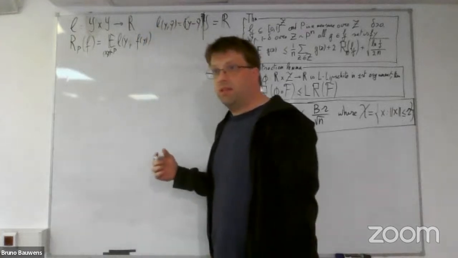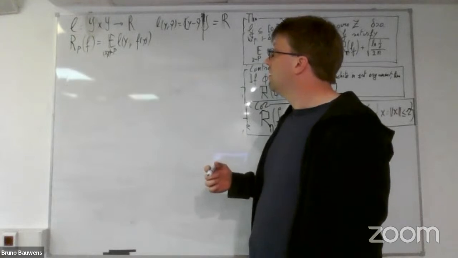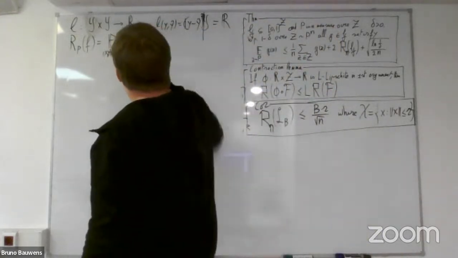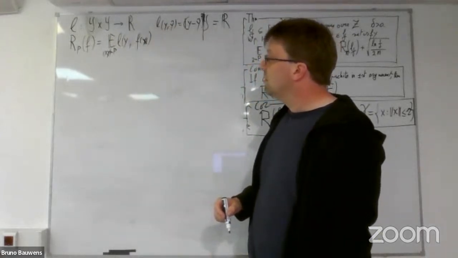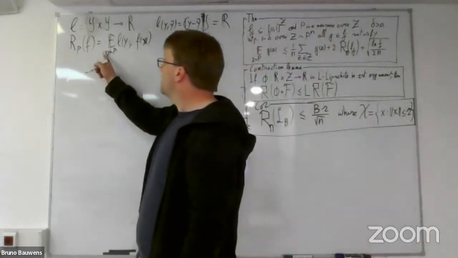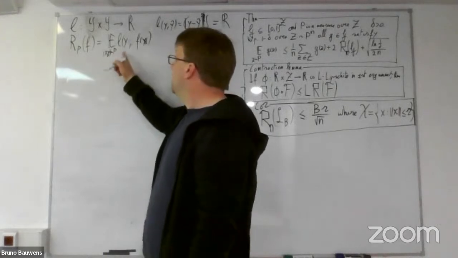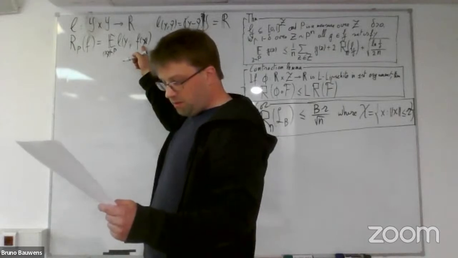Completely natural, right? We take pairs xy over our measure p, and then we give the loss the true label and the estimated label.